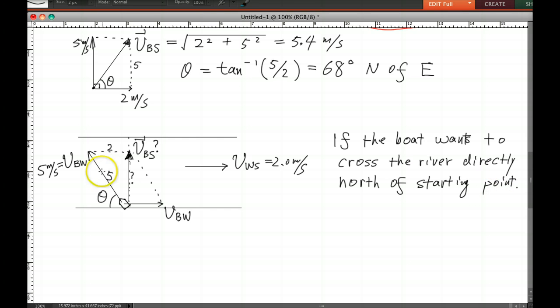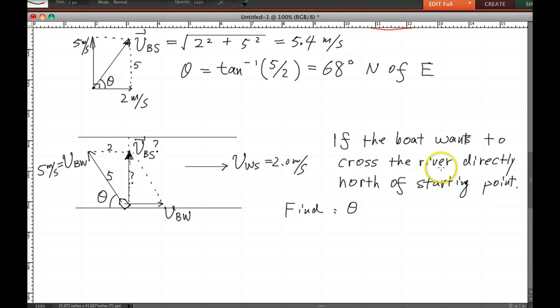And then we still have the 5 for the boat and 2 for this. So the question is asking to find the angle theta. So basically the question is asking, okay, what kind of angle should I aim, according to the graph, so that I can achieve this goal.